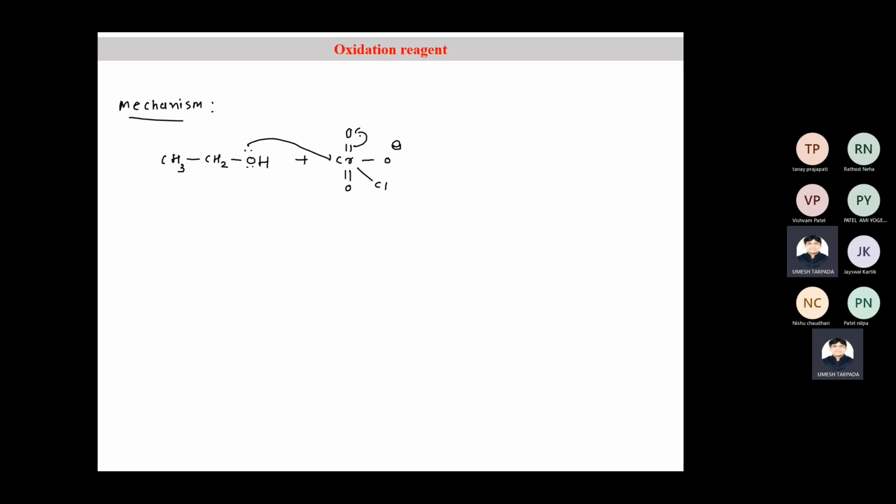This is from here, and Cl departs from here. So you get CH3CH2O plus. Now this O minus abstracts this proton and the charge gets neutralized.